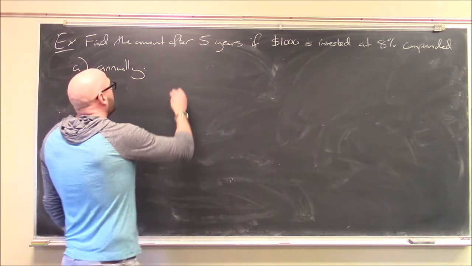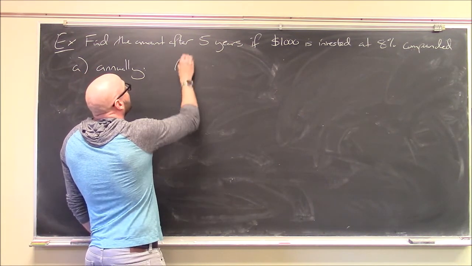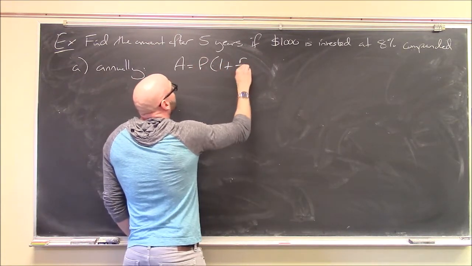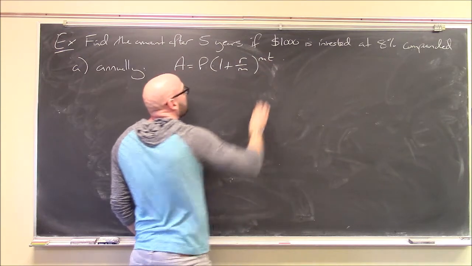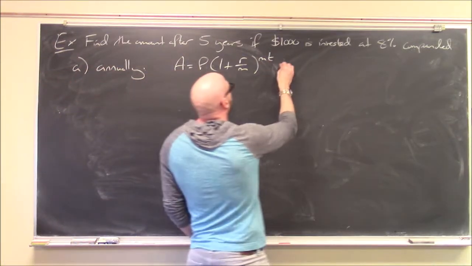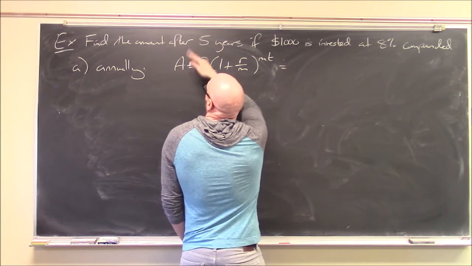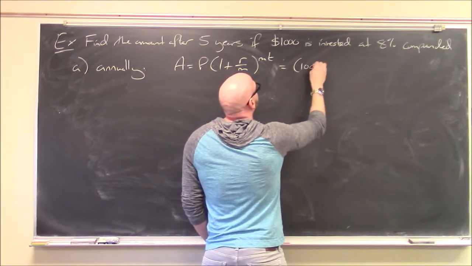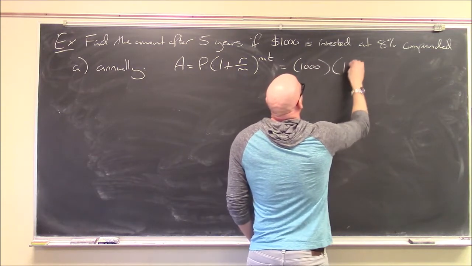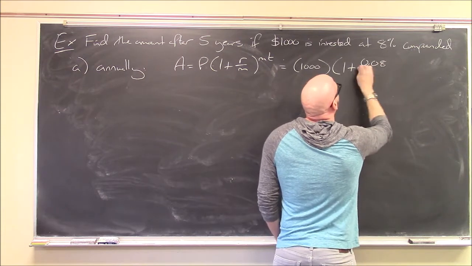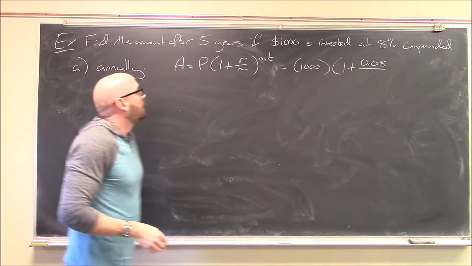So we'll use our compound interest formula. A is P times 1 plus r over m to the mt, and we just have to plug in some values, right? So the future amount, the A, is going to be principal, 1,000, times 1 plus r, the interest rate, 0.08, over m.